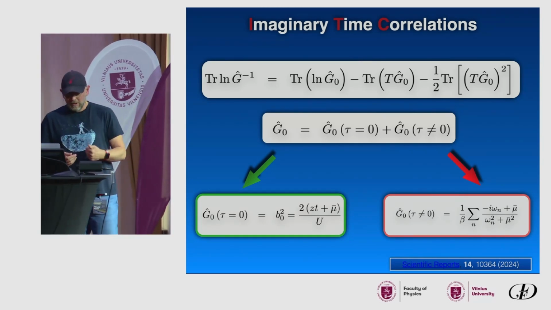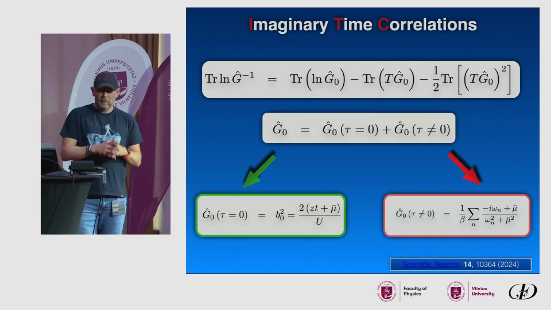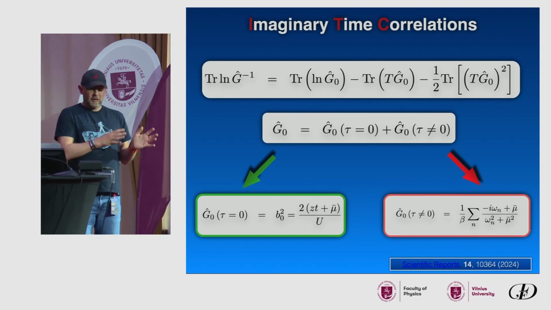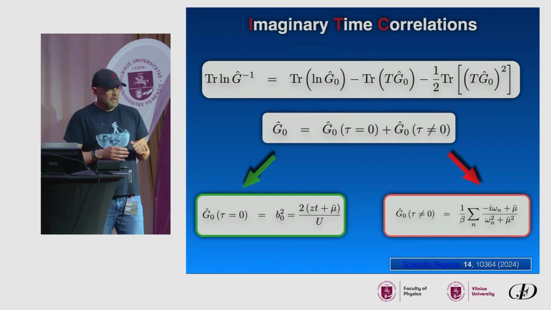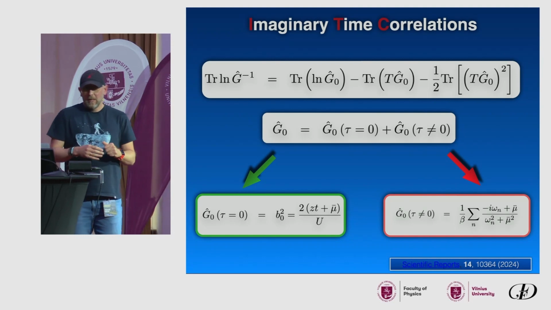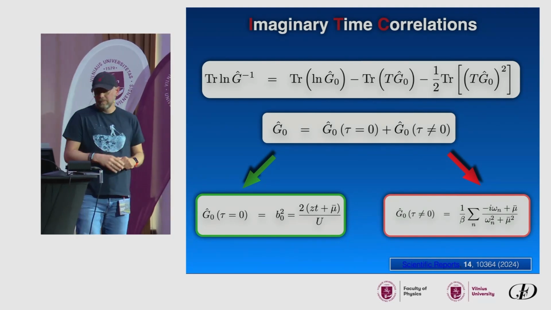Maybe we need it. So we split our grid function into the part which depends on the imaginary time and the part which does not.